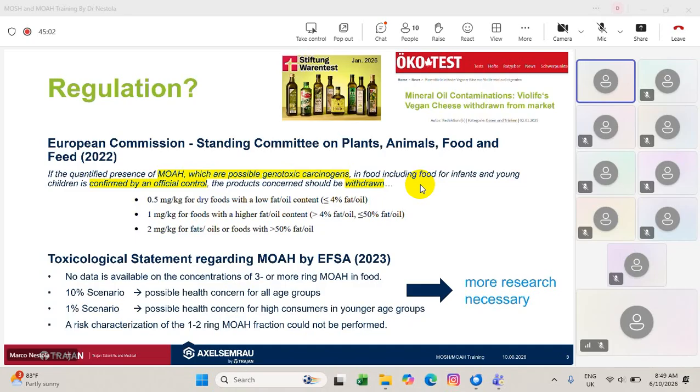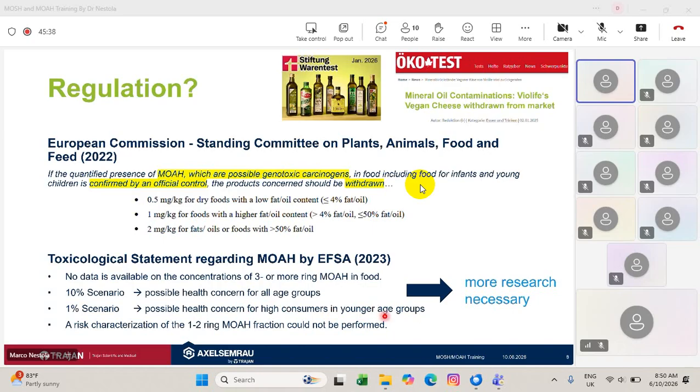But what they stated in 2023 was, under the assumption that when we talk about foodstuff and we have a content of MOAH inside, and let's keep on fat and oil, so the maximum level is 2 milligram per kilogram, when only 1% of that would be carcinogenic compounds, then we would have a possible health concern for high consumers and infants, basically, because it's just so little inside.